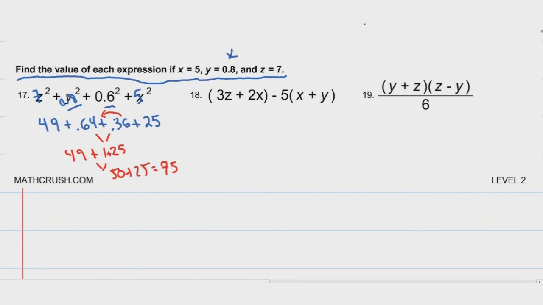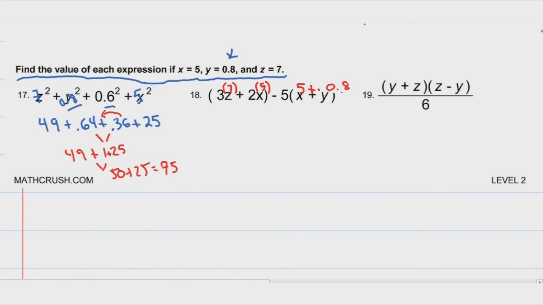Problem 18, we got z is 7, and this is going to be multiplication because you got a number next to a variable. You got 2 next to an x, which again is going to be multiplication. Then we have 5 parentheses x, which is 5, plus y, which is 0.8.